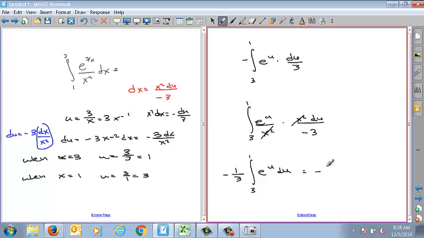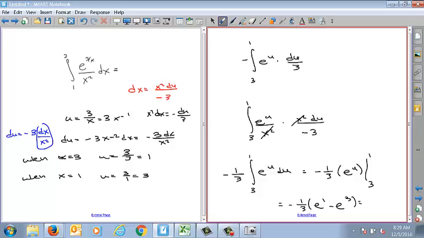So the integral of e to the u is e to the u, and we don't have to substitute back in because I've changed the limits. So you end up with negative 1/3 times e to the first power minus e to the third power.